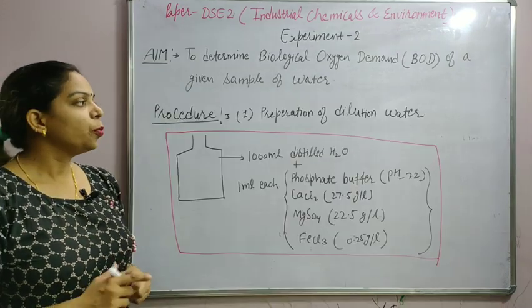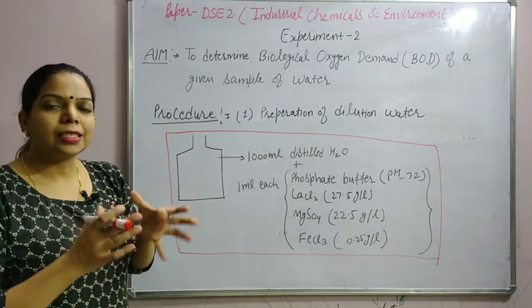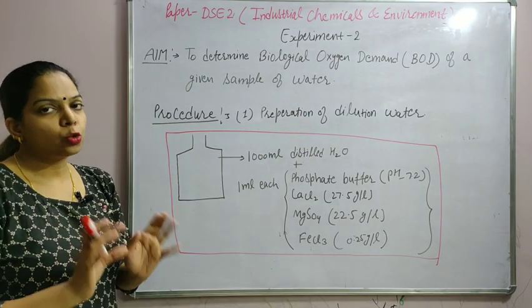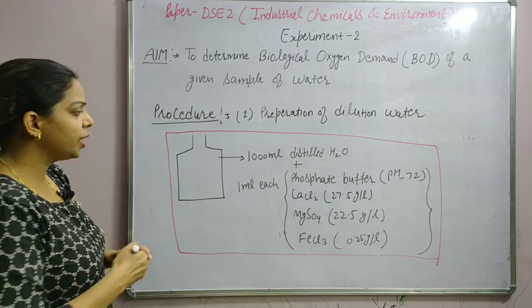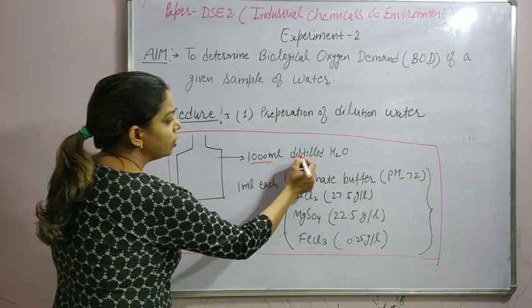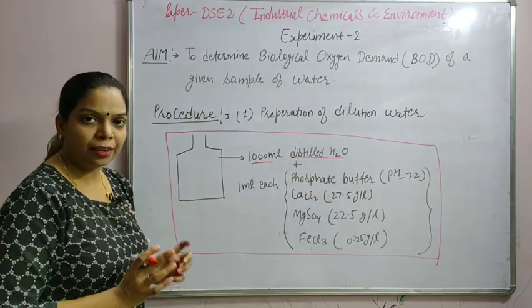In the first step, we prepare the dilution water with which our sample will be diluted, so that it can have a sufficient amount of oxygen. So we take 1 liter of distilled water in a glass bottle, or you can use a standard flask also.